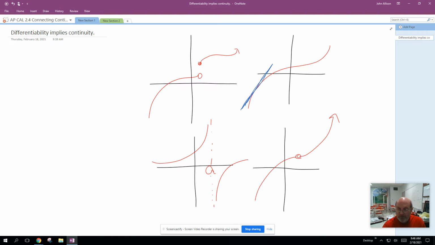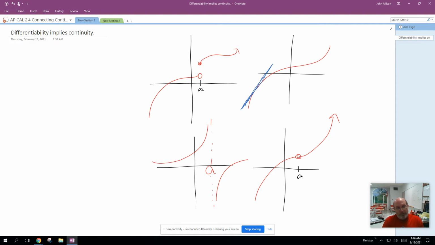And on this one, if we could fill in that one point, remember we call it a removable discontinuity, we could draw the tangent line, but remember the tangent line has to intersect the curve in a single point. So in that case, we would be saying that the tangent line would intersect at a point that doesn't exist. So there's no way you can have a function differentiable at a point where it's discontinuous.